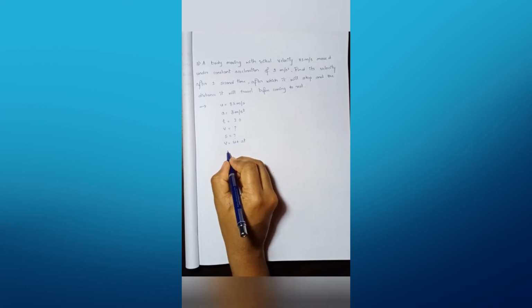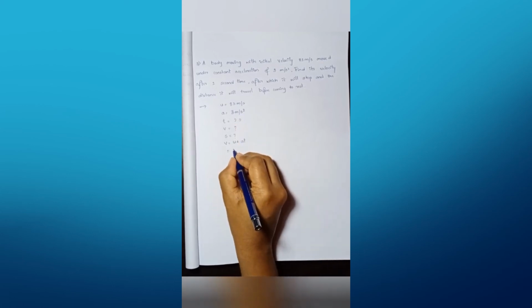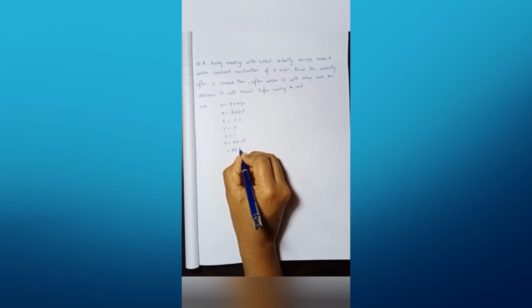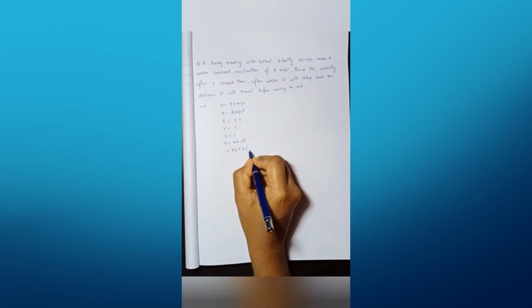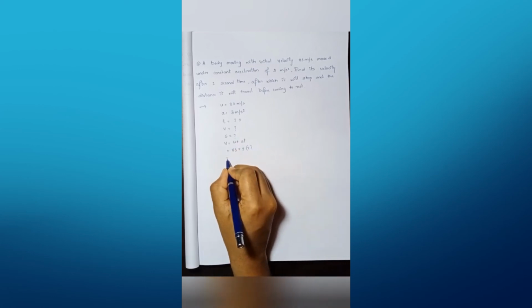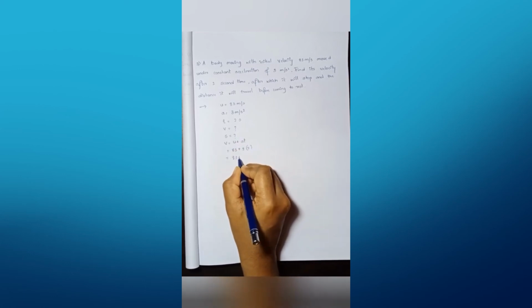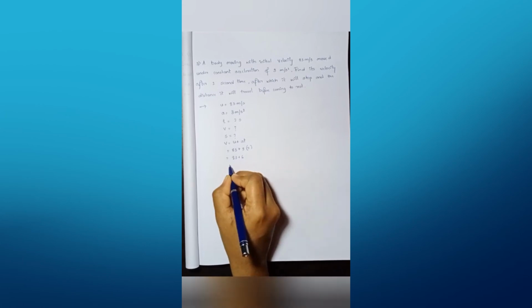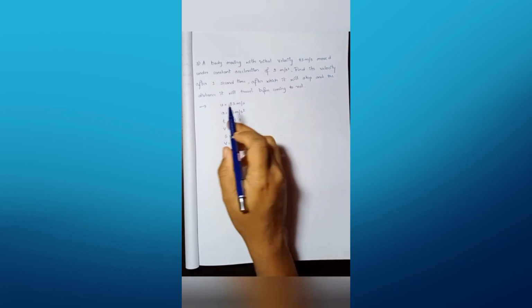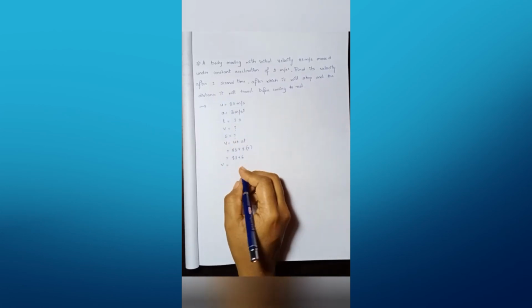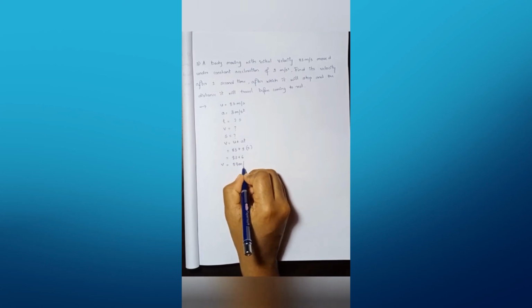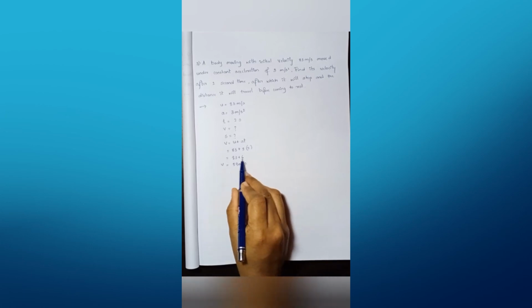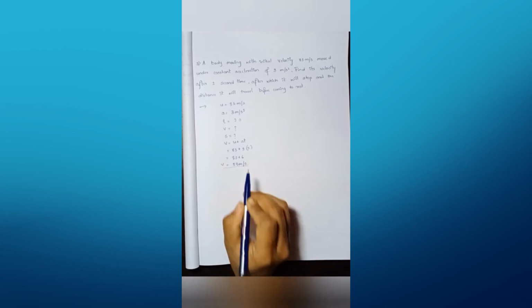So substituting the values, what is u? 83 plus a is 3 into 2. So 83 plus 2 3s are 6. So what happens? Final velocity, that is velocity after 2 seconds, is 89 meter per second.